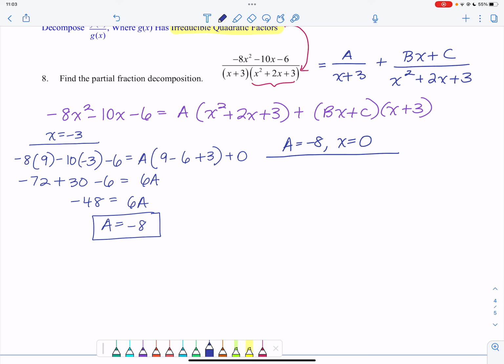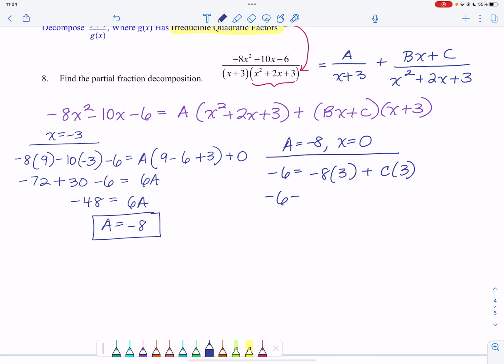So we have negative 8 times 0, so we have a 0 term. That's negative 6 equals a times 3, where a is negative 8, so negative 8 times 3, plus, since x is 0, c times 3.